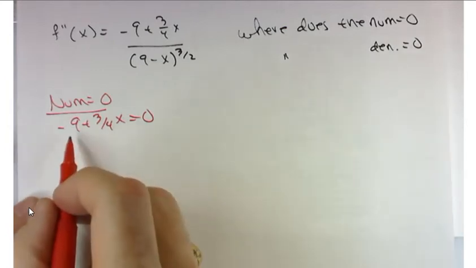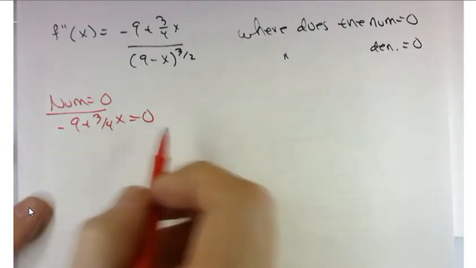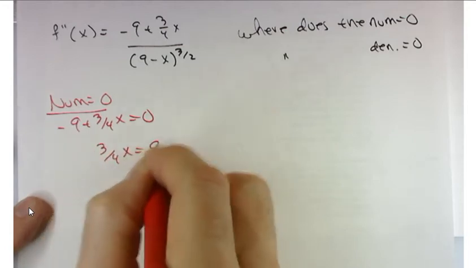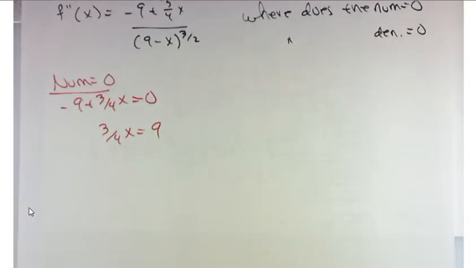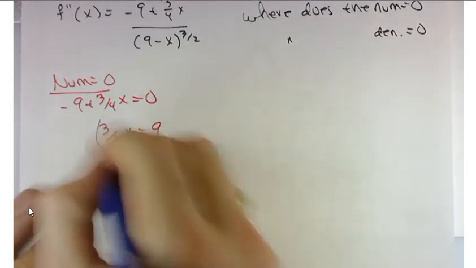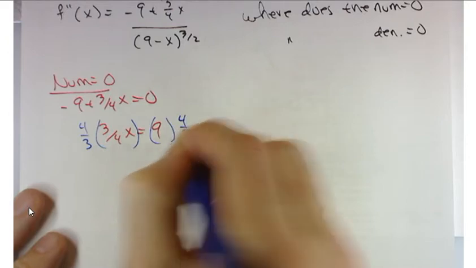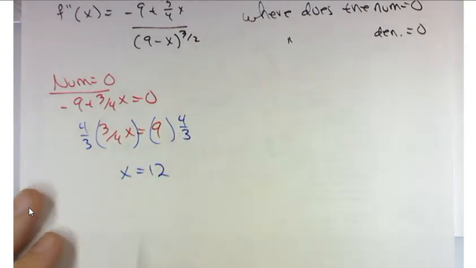This time I can get rid of the negative in front of the 9 by moving it to the right hand side. I get 3/4 x equals 9. The quick way to solve here is to multiply both sides by the reciprocal of that coefficient. What would that mean here? Multiply both sides by 4/3. Yeah, we get x equals 12.